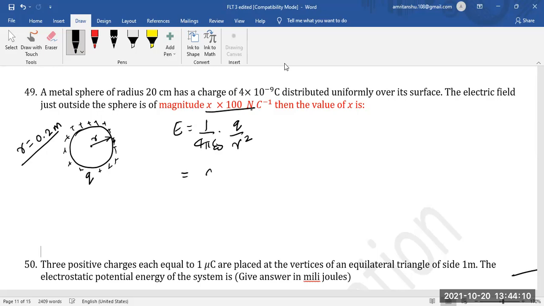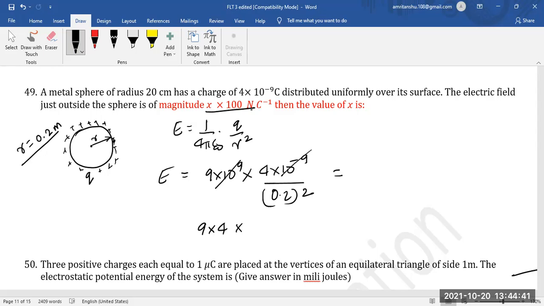Now when you put all the values, everything is given over here. You get 9 into 10 raised to 9, Q is 4 into 10 raised to minus 9, upon radius 0.2 whole square. This is E. When you solve this, 9 into 4, this and this will go off, into 1 by 0.2 whole square.